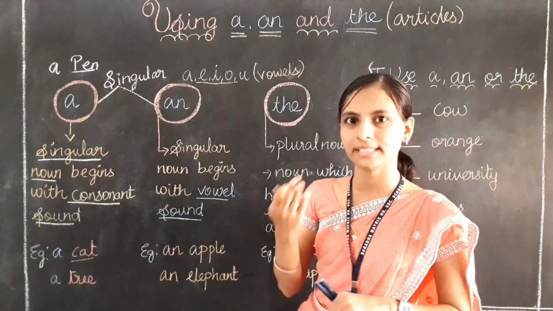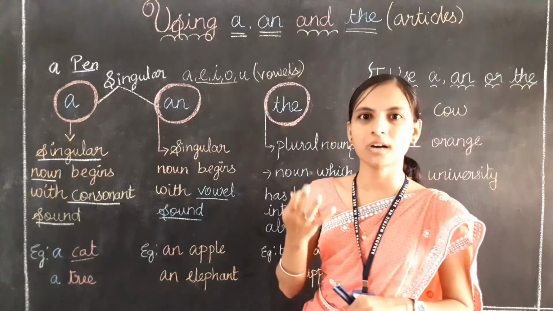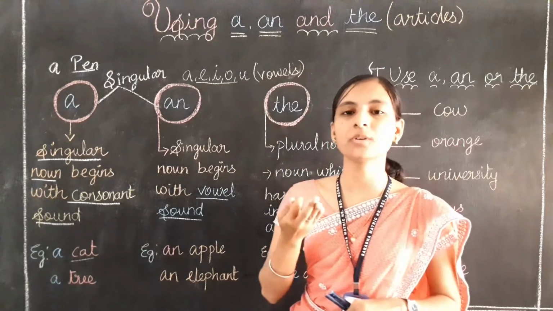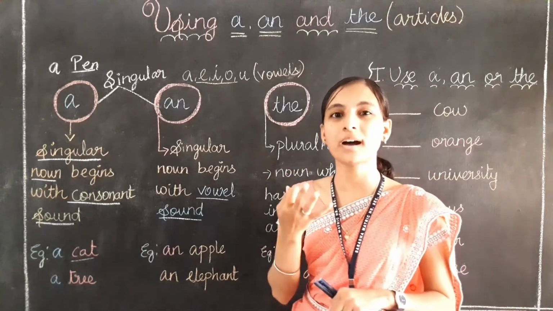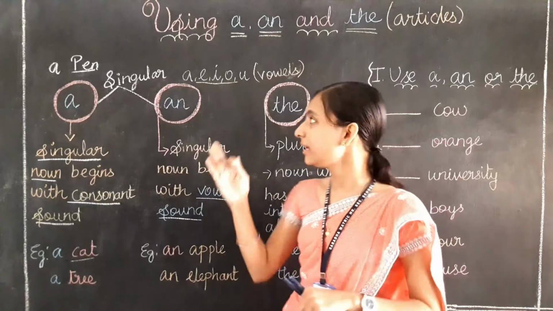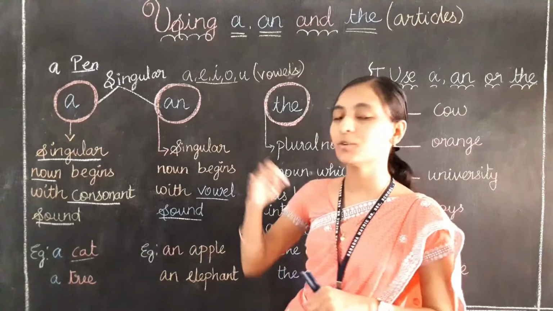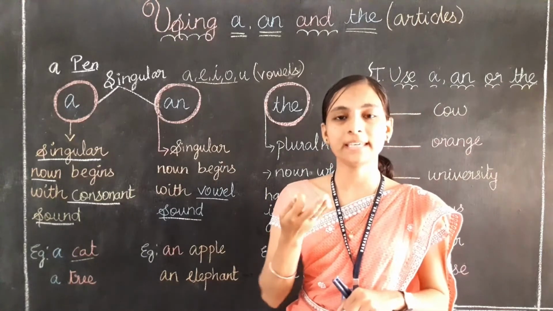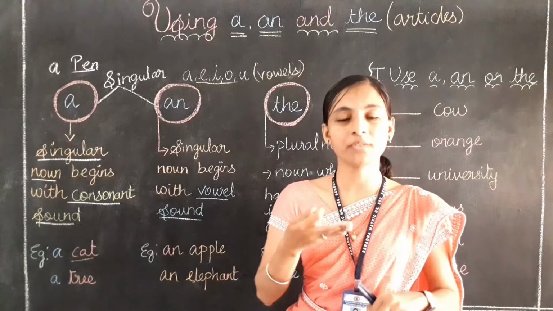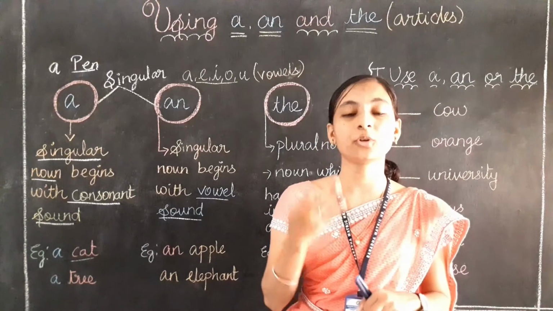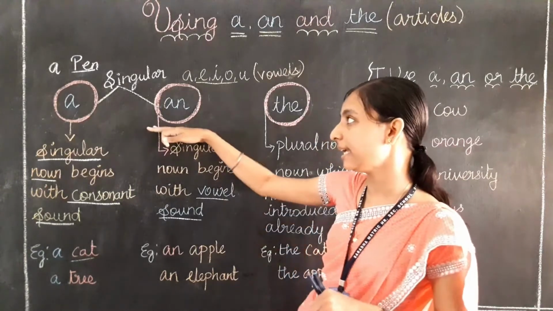For I it will be E, and for O it will be a sound. For U also we use a sound only. So for those A, E, A sounds we use article an.